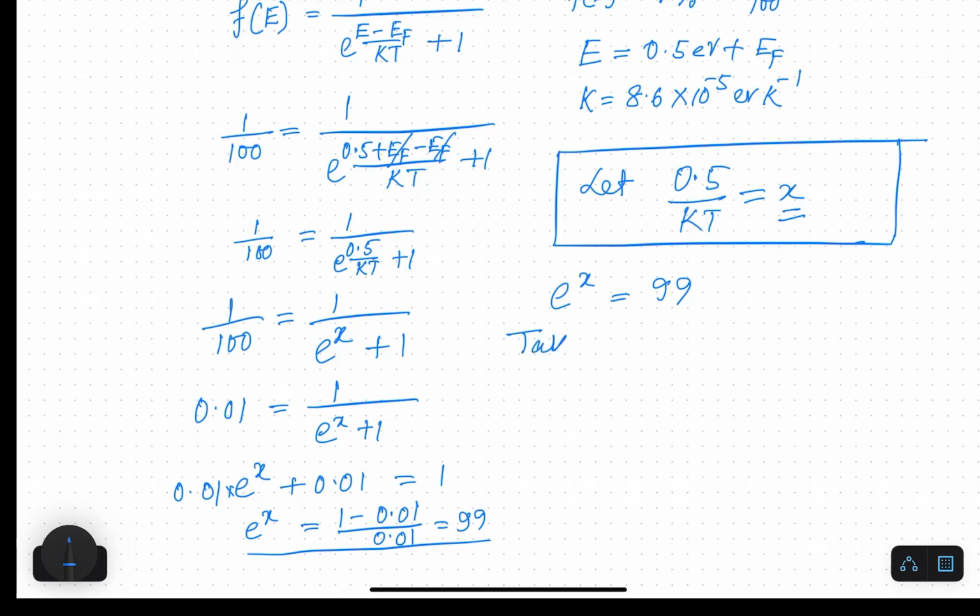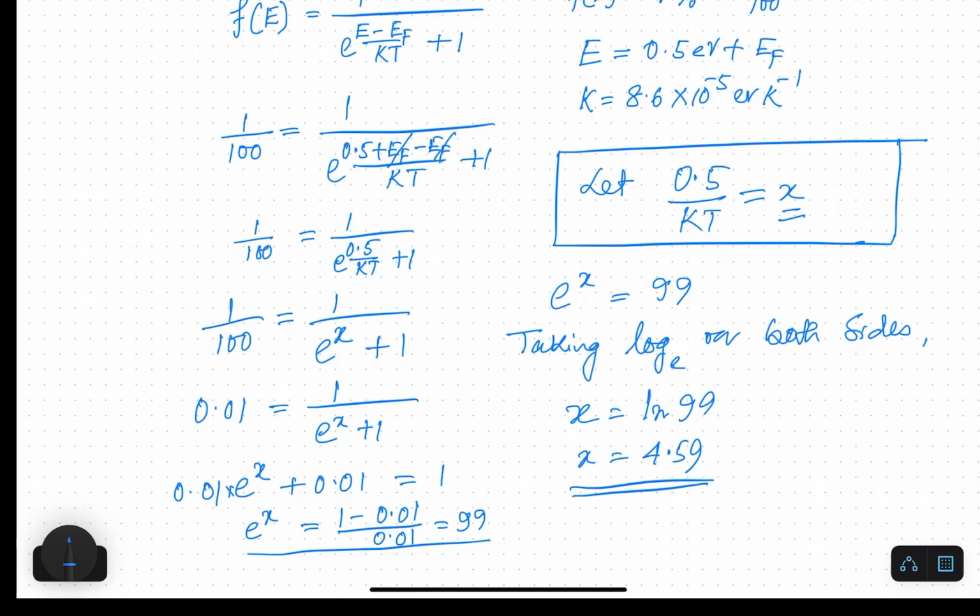Taking log with base e on both sides, I have x equals ln 99, and the value of ln 99 is 4.59. So x equals 4.59.